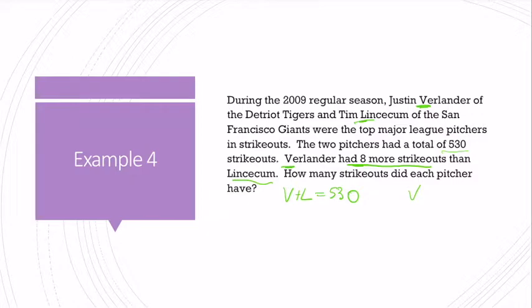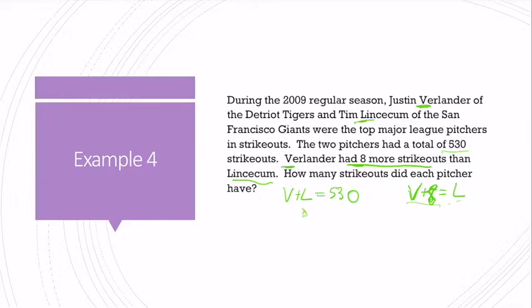So we could say Verlander plus 8 equals L. So because Verlander had 8 more strikeouts than Lincecum. Now I have L defined by V.